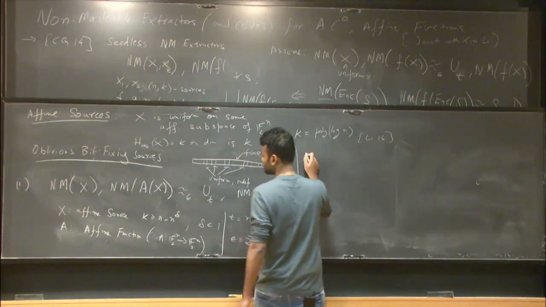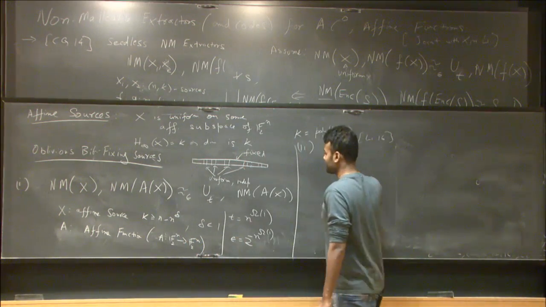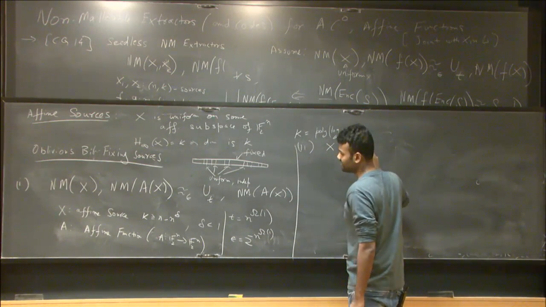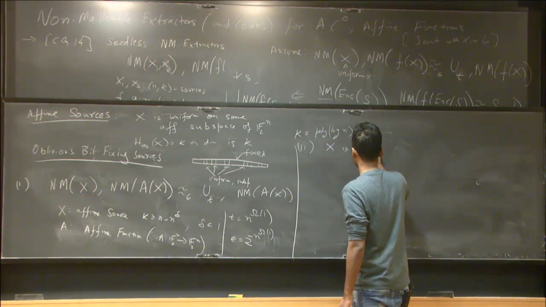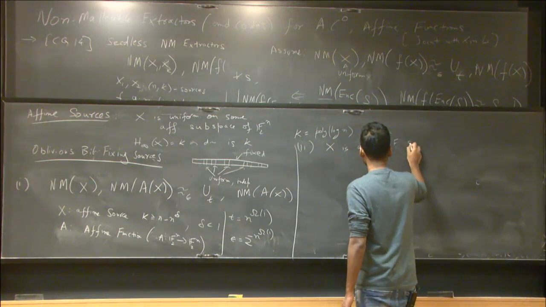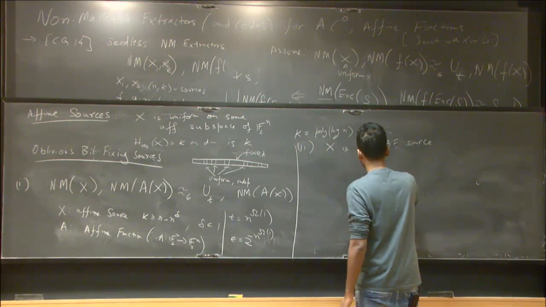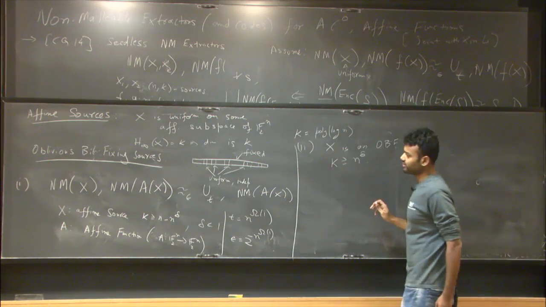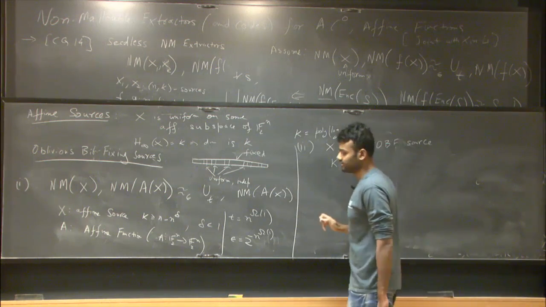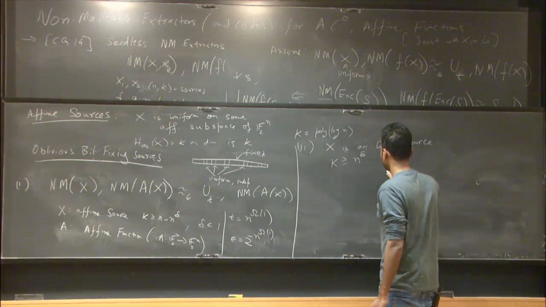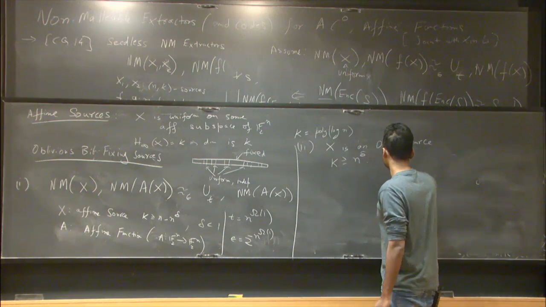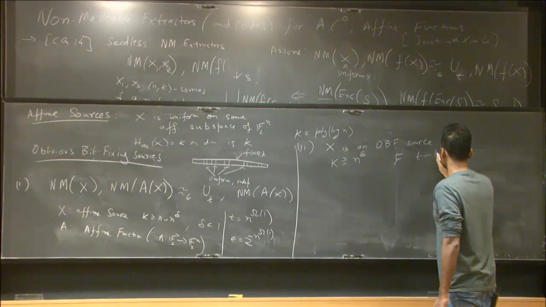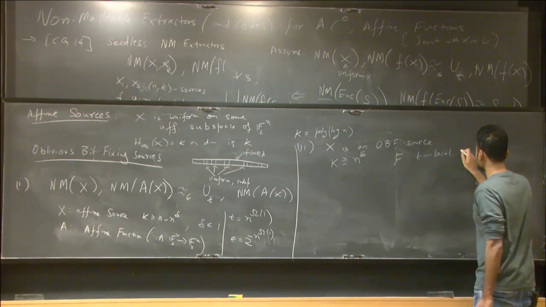And okay, so the second is if X is an oblivious bit fixing source, K is n to the power delta, I think. And f is a family of T local functions.